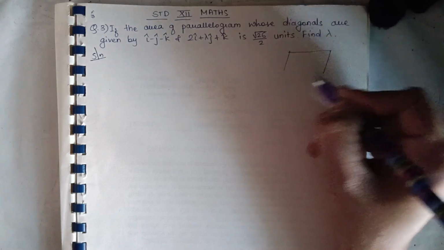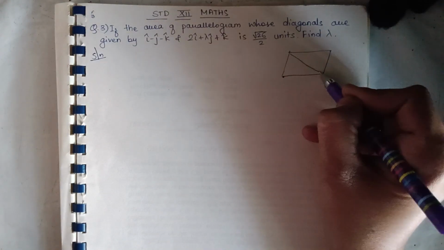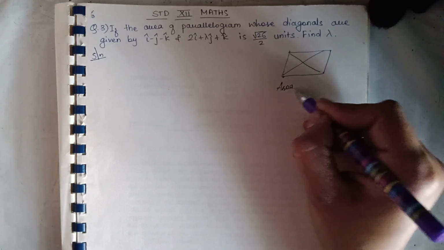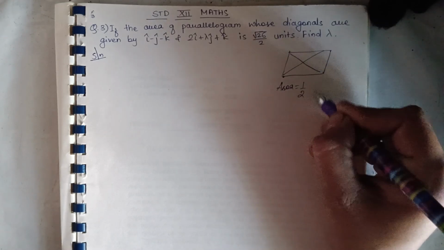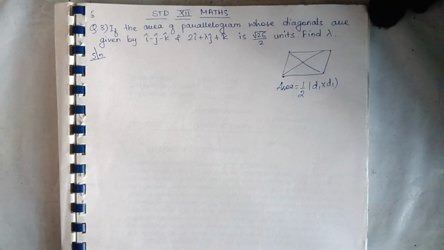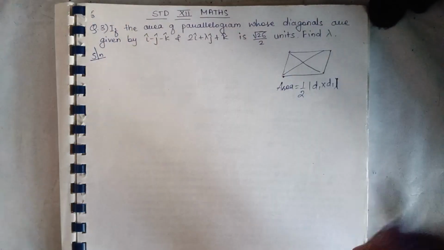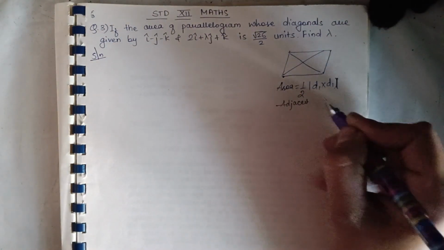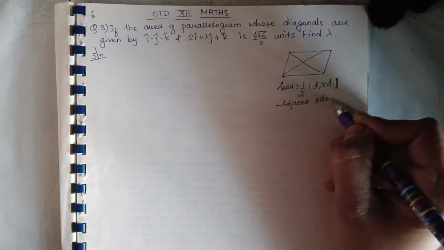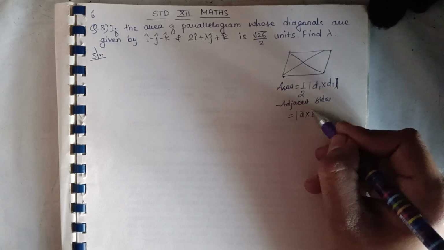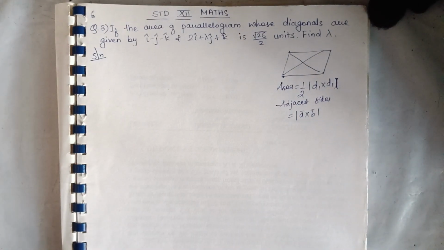So this is a parallelogram, and if the diagonals are given, then area we find by using half into magnitude of d1 cross d2, right? If the adjacent sides are given, then use the formula magnitude of a cross b.